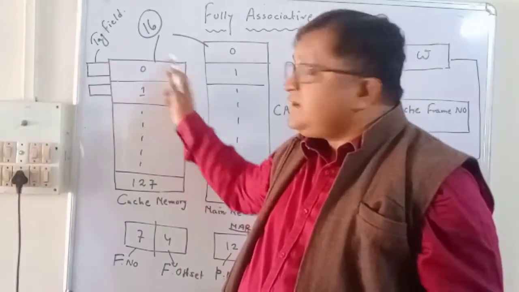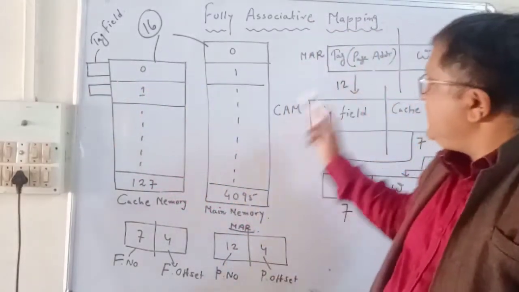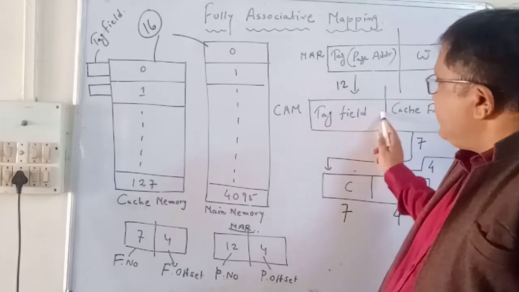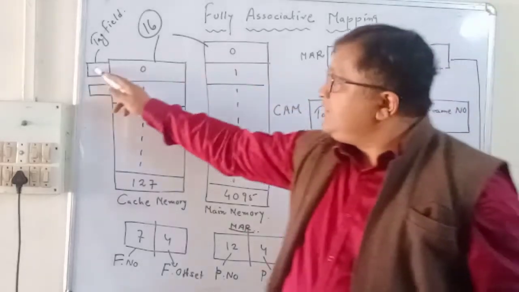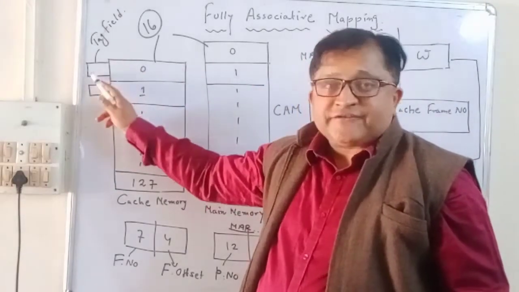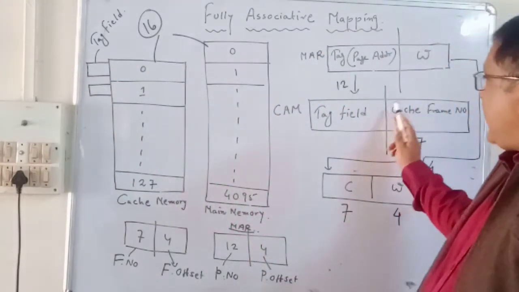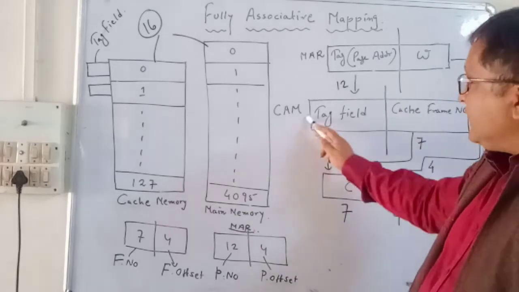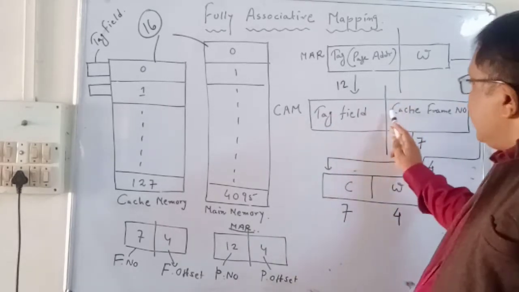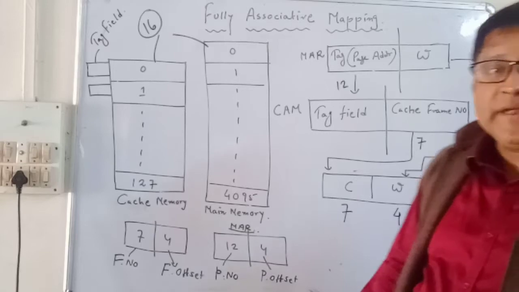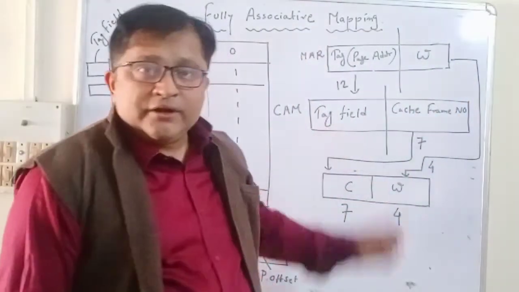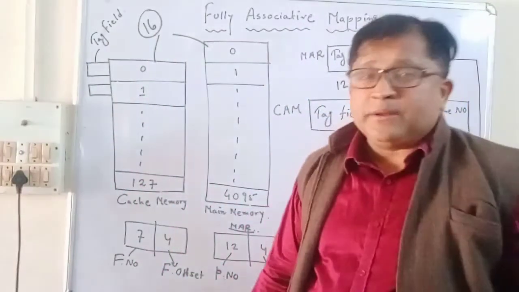That is the 12-bit page number of the main memory and the 7-bit frame number of the cache memory, a total of 19 bits taken together, which makes the associative memory, or content addressable memory.